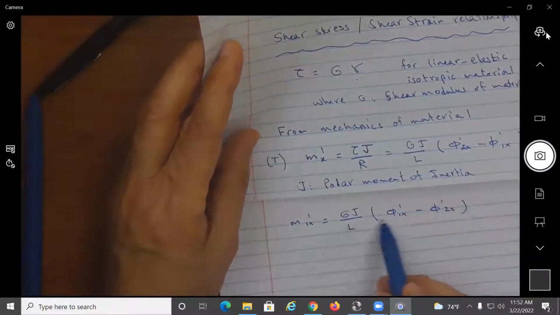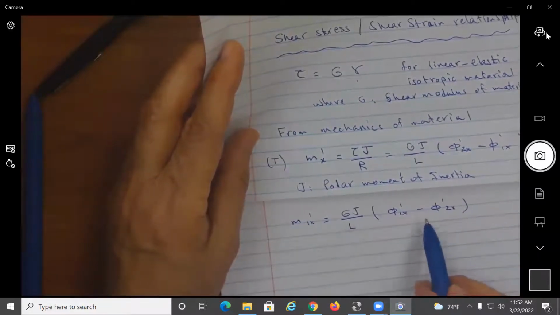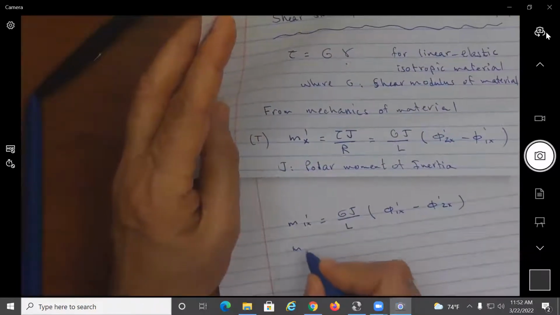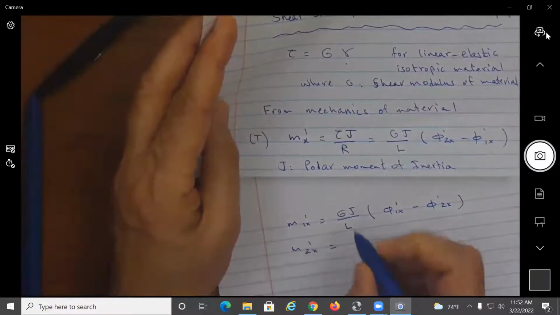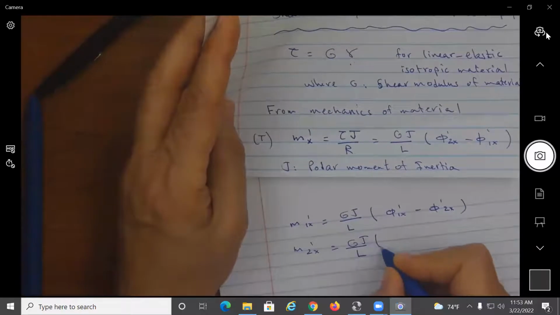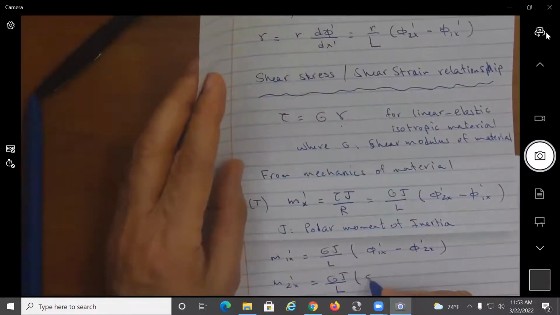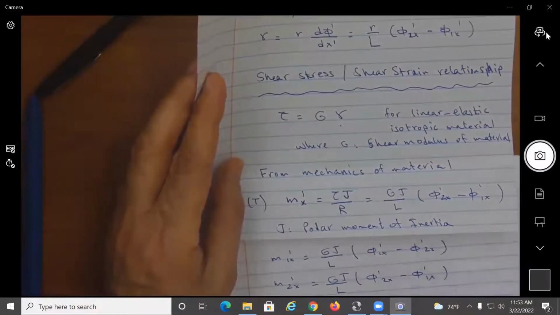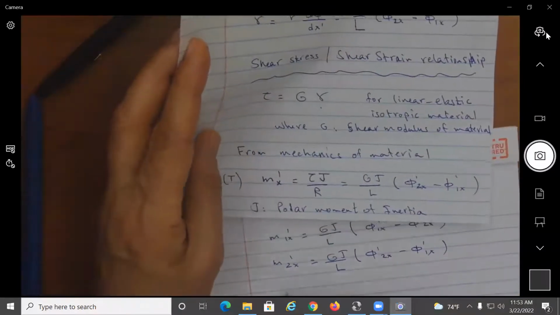Please note that here I switched the order because originally we were looking at one side fixed, so really we're looking at the difference. And m2x prime is equal to GJ over L multiplied by phi 2x prime minus phi 1x prime.